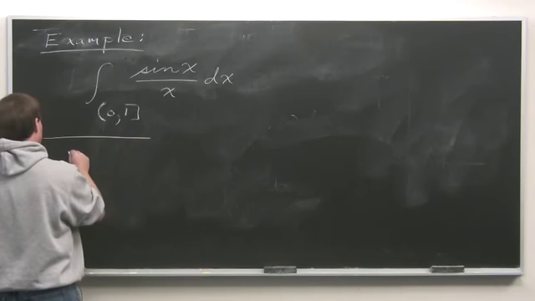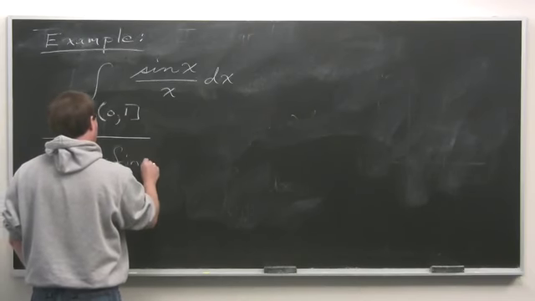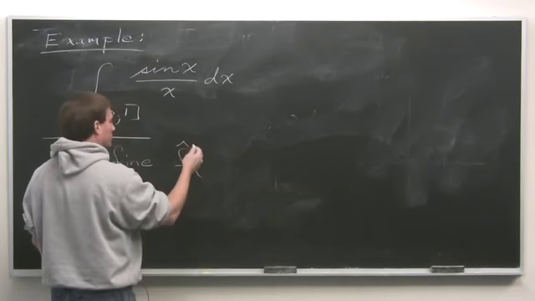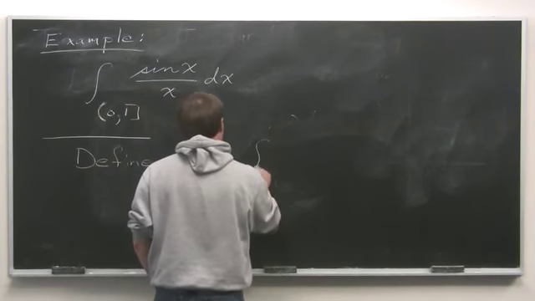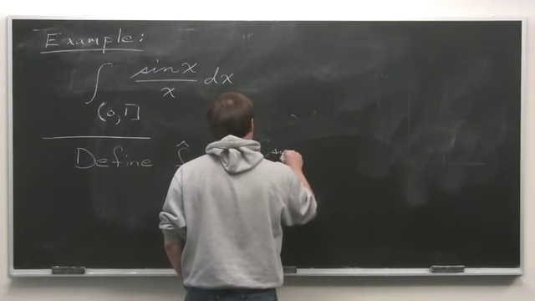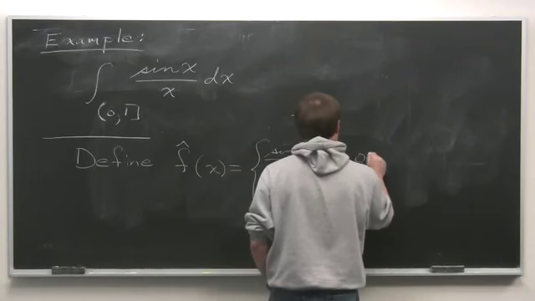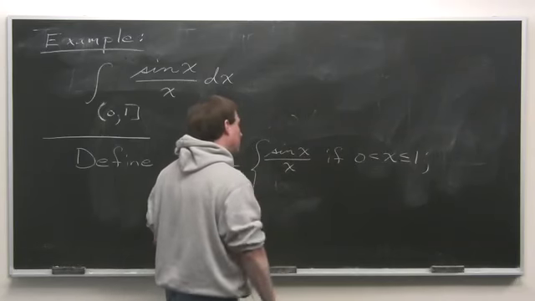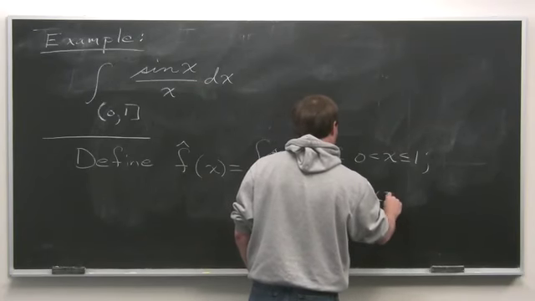One is we could define f hat of x, so something that's related to f, and I'm just writing f hat. I'm just going to let f hat be sine of x over x if x is between 0 and 1, so in the half-open interval. But then I'm going to define it to be 1 if x equals 0.